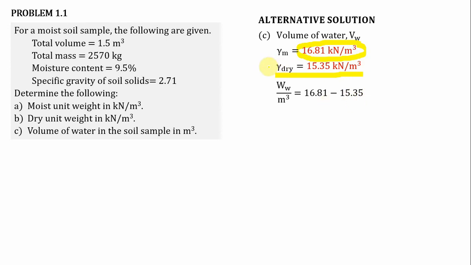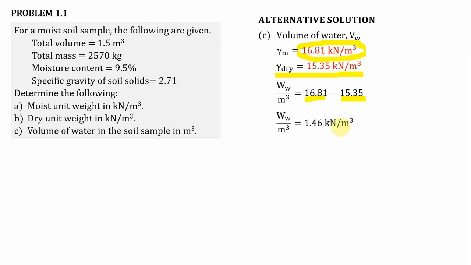The weight of dry soil only considers the weight of solids, while the weight of moist soil is the weight of water plus the weight of solids. If I subtract these two, what remains is the weight of water, per cubic meter of soil. Gets nyo? So, this is the solution: in every cubic meter of soil, there is 1.46 kilonewton per cubic meter.